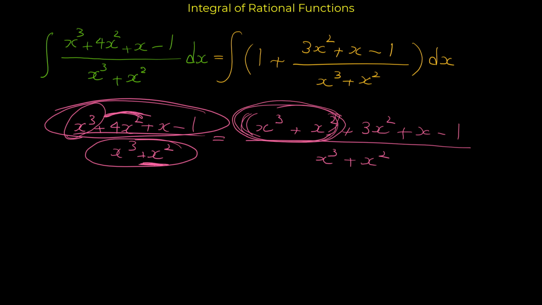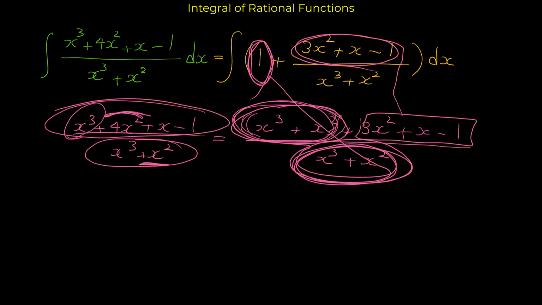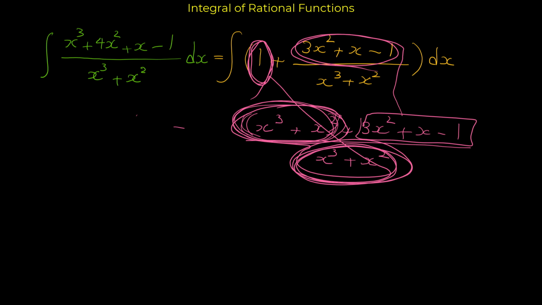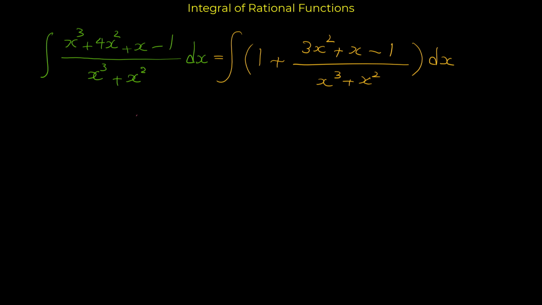And if we divide this by this, x to the 3 plus x to the 2 over x to the 3 plus x to the 2, it would be exactly 1. And then, look at this. This is exactly what we had here. So, by dividing numerator by denominator, we can get the same answer without long division. But long division was not so complicated. So, it's completely up to you. Which method do you prefer to do?